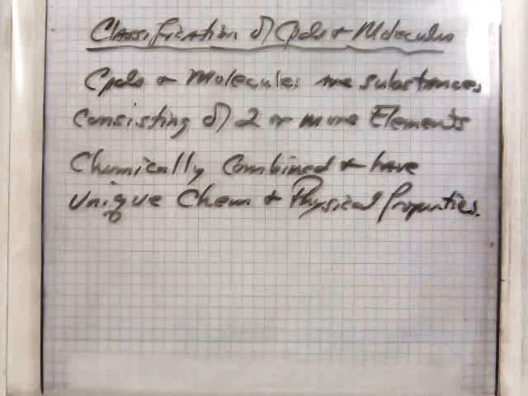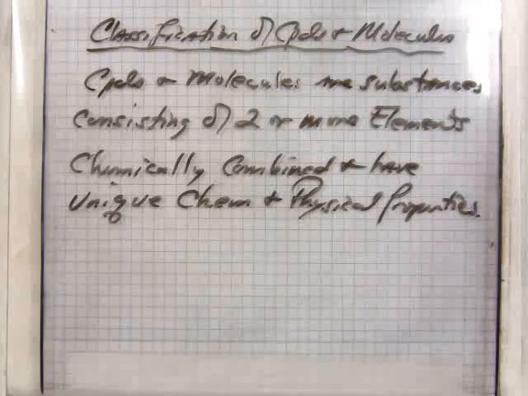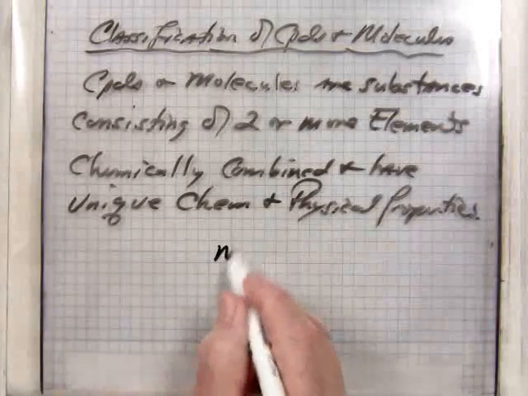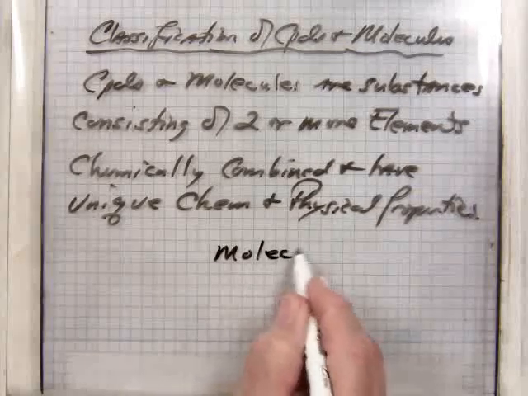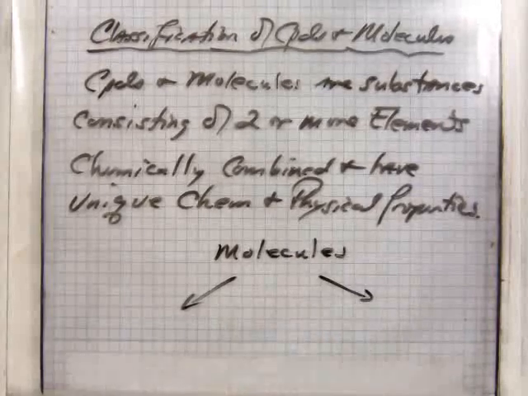And of course, it represents zillions of substances that are floating around on the surface of the earth and in outer space or wherever. And so we need a better way to study these instead of some conglomerate nebulous collection of particles. And so molecules in general and compounds are divided into two broad categories.